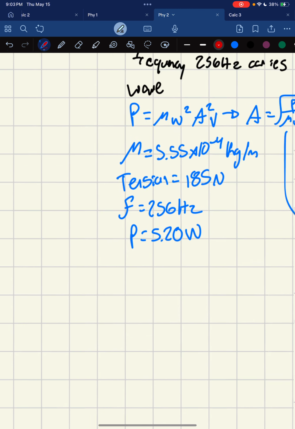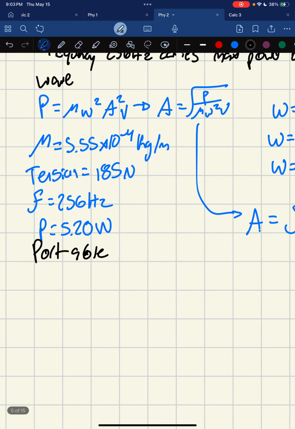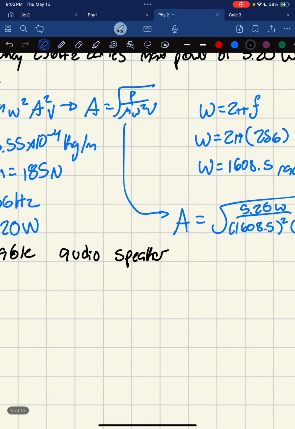Okay, part D. Portable audio speaker has a power output of 8 watts.